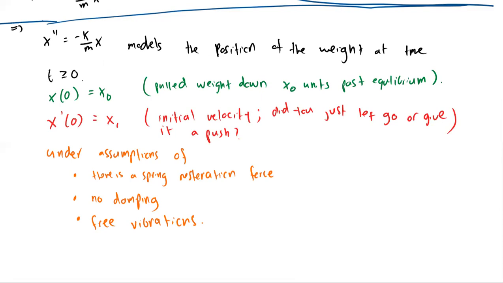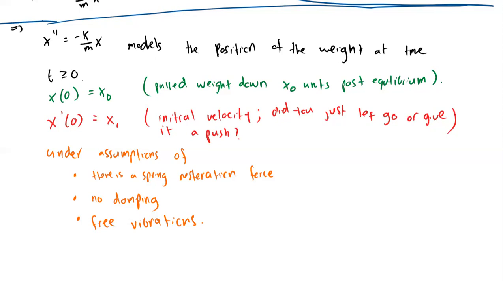where k is the spring coefficient, or the proportionality coefficient that comes from Hooke's law. m is the mass, t is greater than or equal to 0, where t equals 0 is starting out either when we let go, if we have 0 initial velocity, or when we push and pull on the weight and let go, in which case we do have initial velocity. The initial position is just wherever we let go.